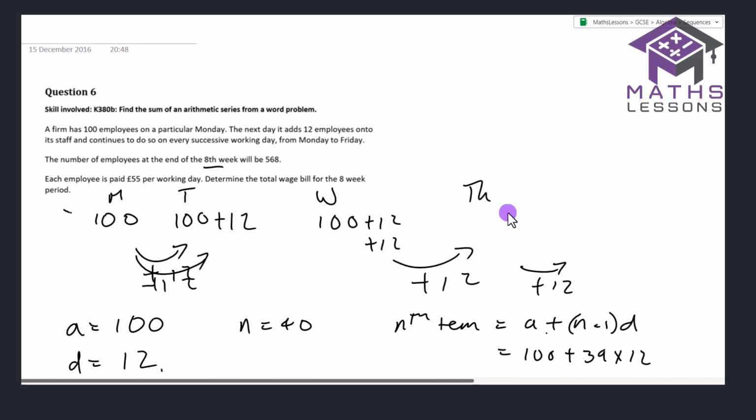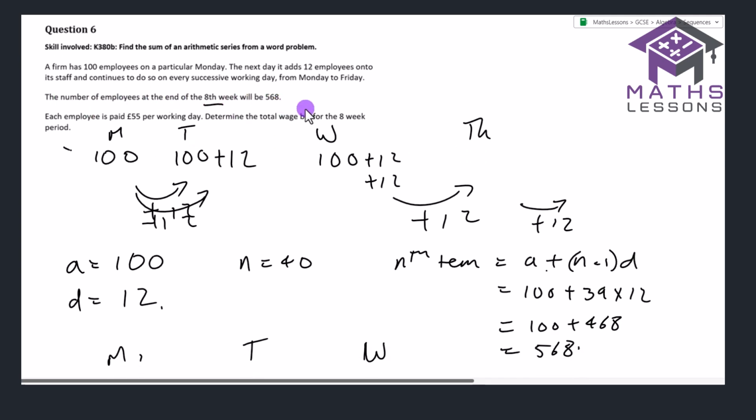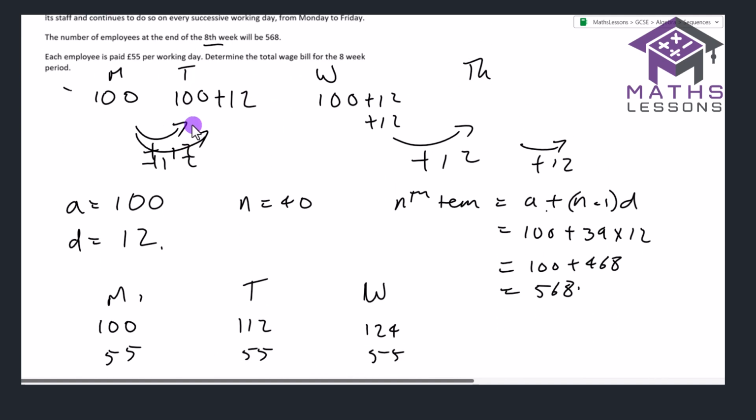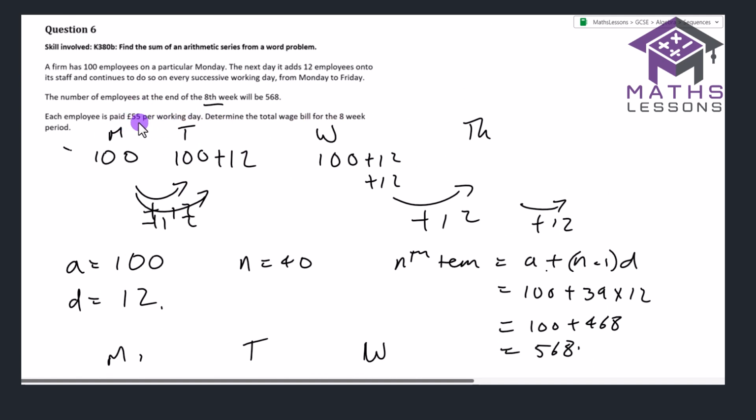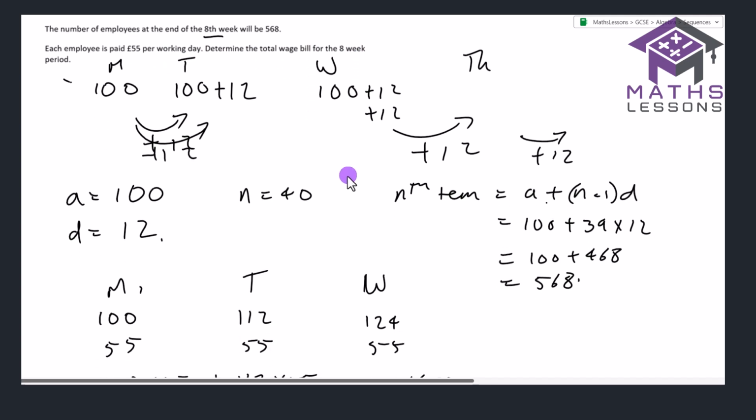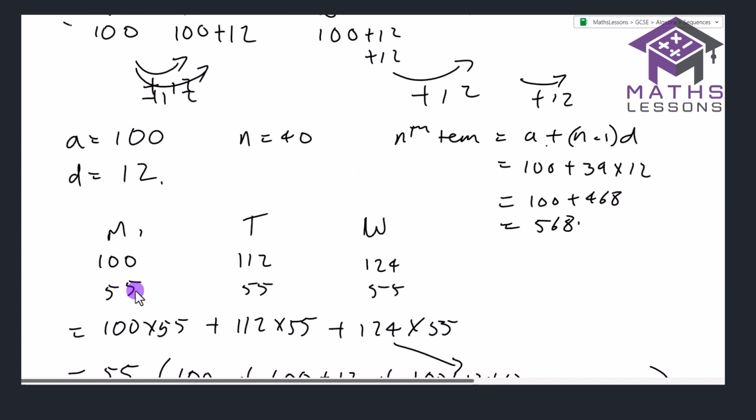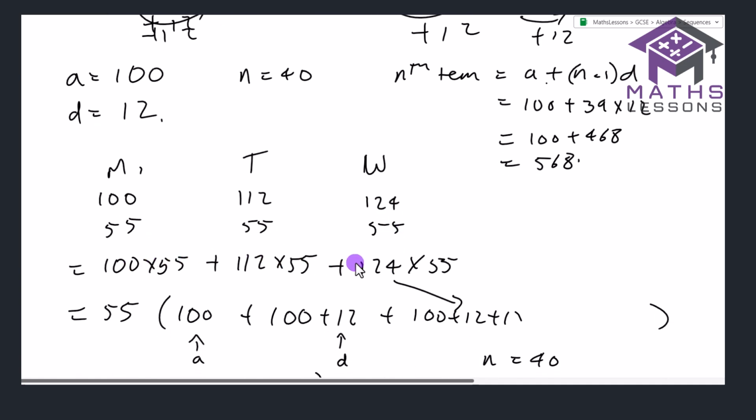When you're doing these questions, write them out to get a pattern of what's going on. Here we were just looking at the pattern of the number of employees to get to that 568, just understanding that part of the problem. Then we realise we've got to add everything up for the total amount each employee's paid and what the total wage bill will be. So you had those 100 employees paid 55, those 112 paid 55, those 124 paid 55, and we're adding them all together.